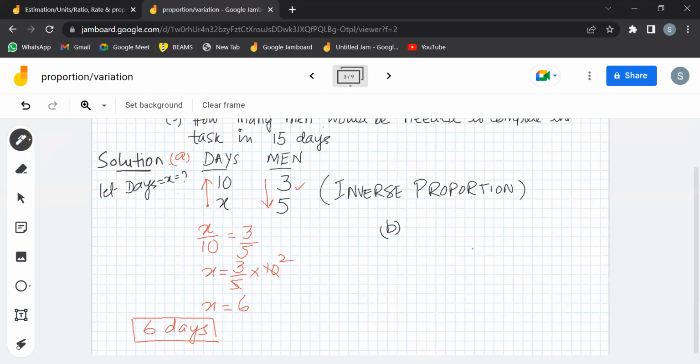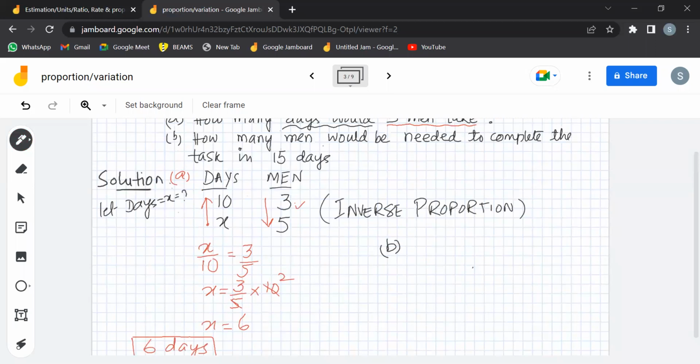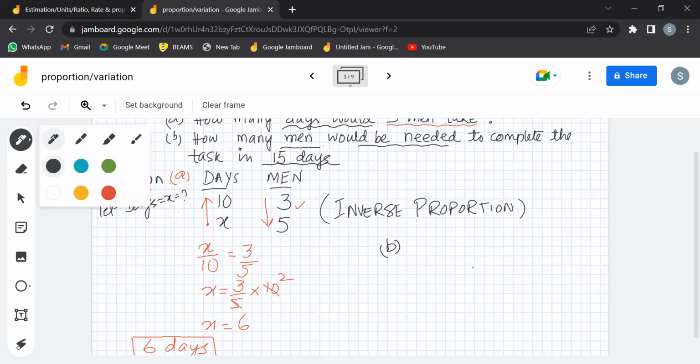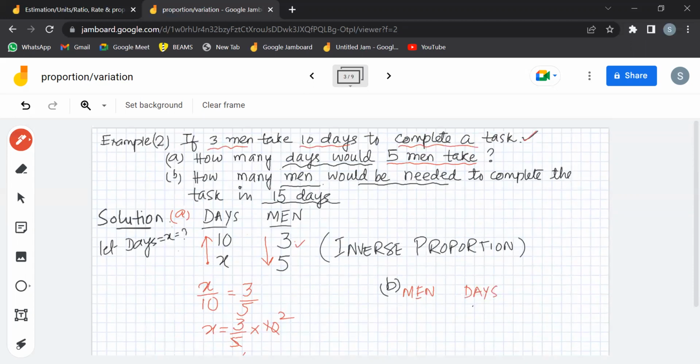And the B part is, I can write here, how many men would be needed to complete the same task in 15 days? So here, how many men? Write men here and days here, and write this basic information. 3 men complete, this is the rate given, 3 men here and 10 days here.